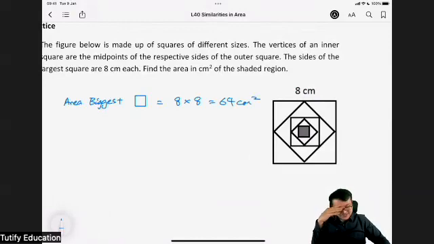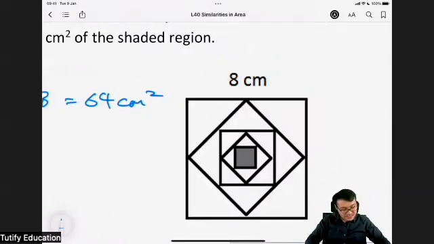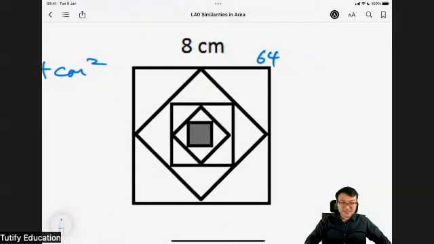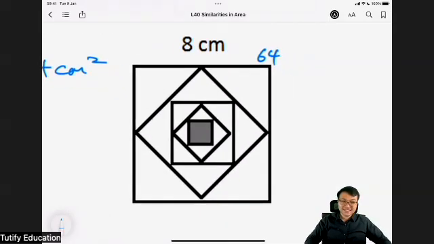Yeah, 64. Okay, so now you know that the biggest is 64. Then what about the second biggest? The second biggest square should be half of the first one, right?